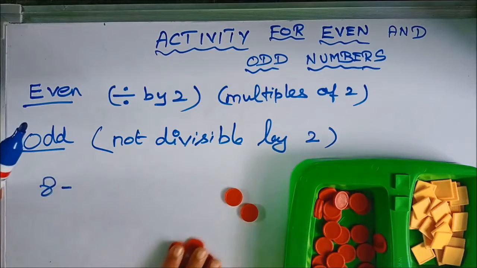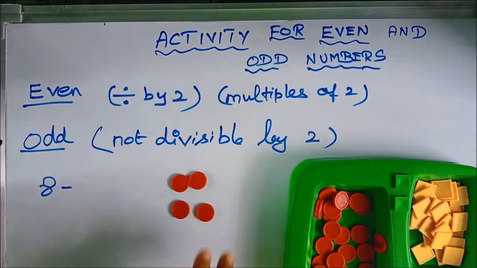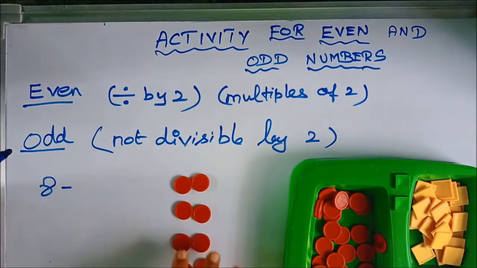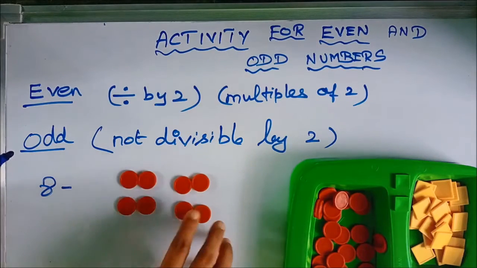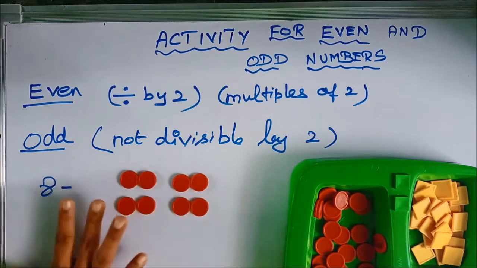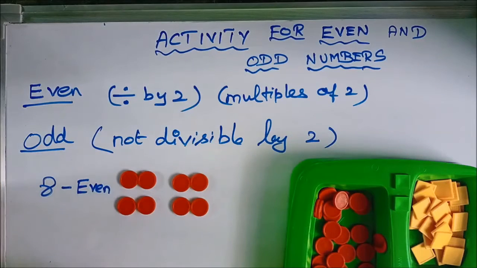Let us check by pairing these shapes into 2's. Pairing each coin, we can see all the coins are paired by 2. If all the coins are paired, we can say that the number is even. Do you understand children?